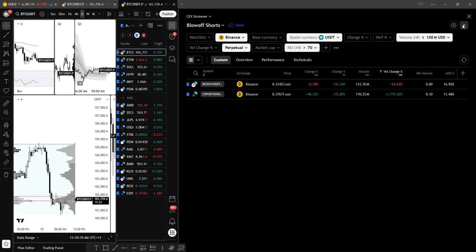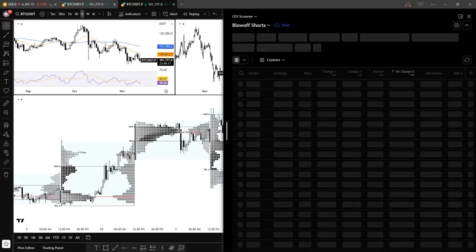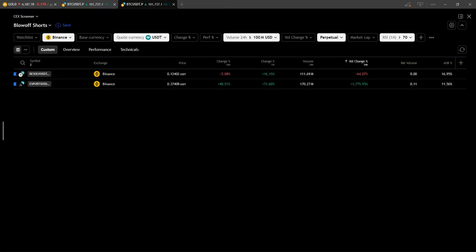But let's just go through the other conditions. RSI, yep. Overheated. I also look at, so this is again, we just use Binance as a representation of volume and the broader market.